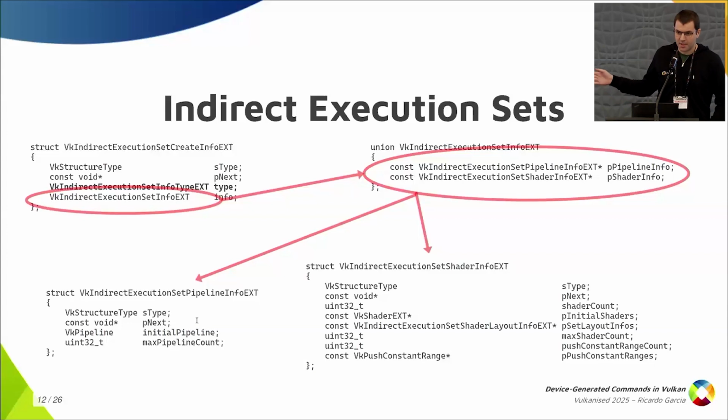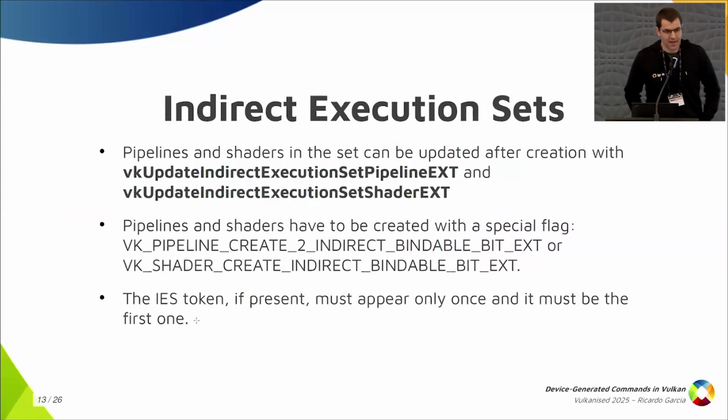With shader objects, it's basically the same. You have to pass more information, of course, for the shader objects, like the descriptor set layouts used by each stage, push constant information, but it's essentially the same. Once you have that execution set created, you can use those two functions to update it, to add pipelines to that execution set.